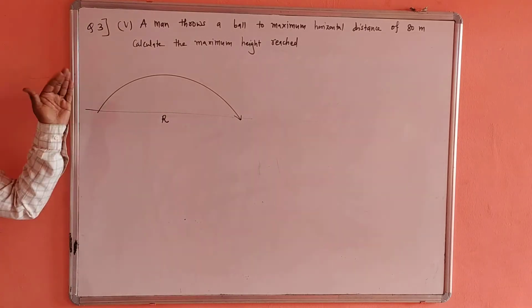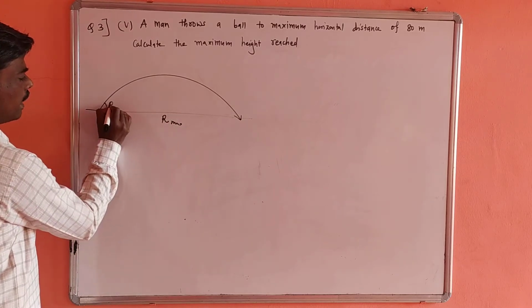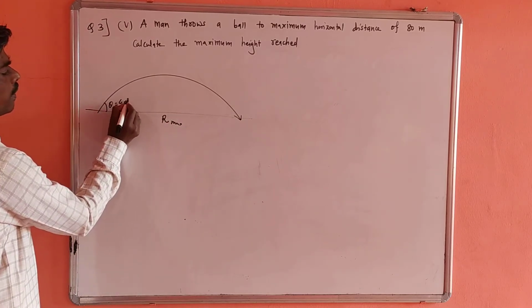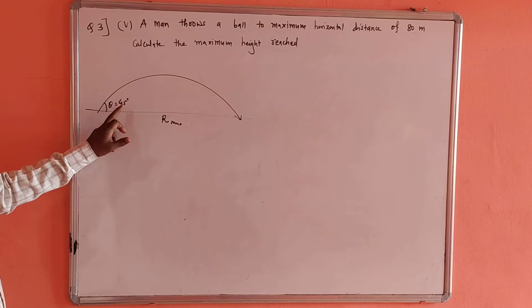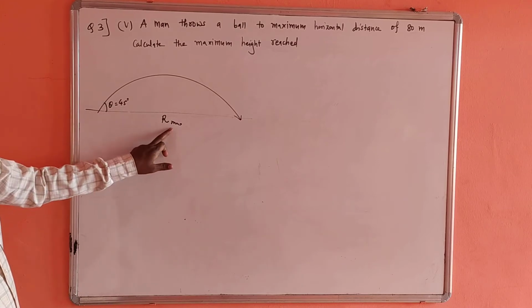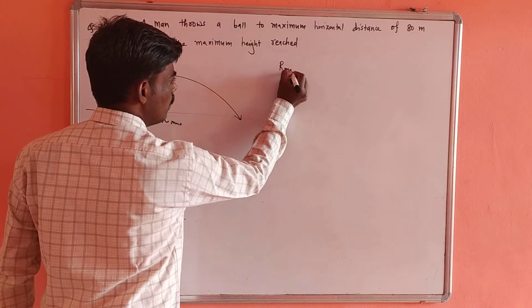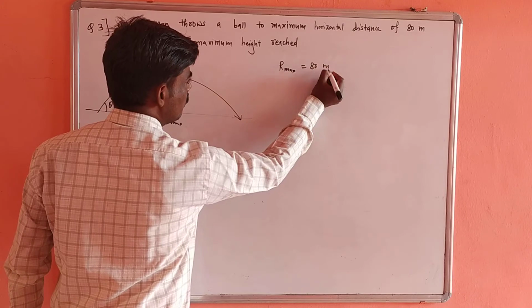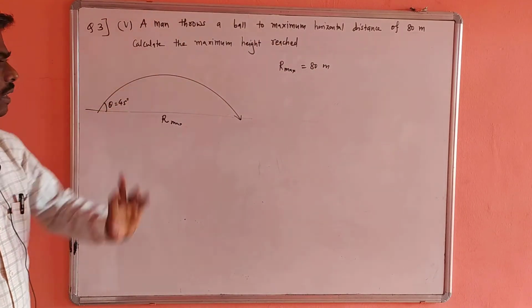and when we get maximum range, the angle of inclination, angle of projection, is 45 degree. So when theta is 45, we get R max, maximum horizontal distance. So R max is given to you, R max is 80 meter, and we have to find out, calculate maximum height reach.